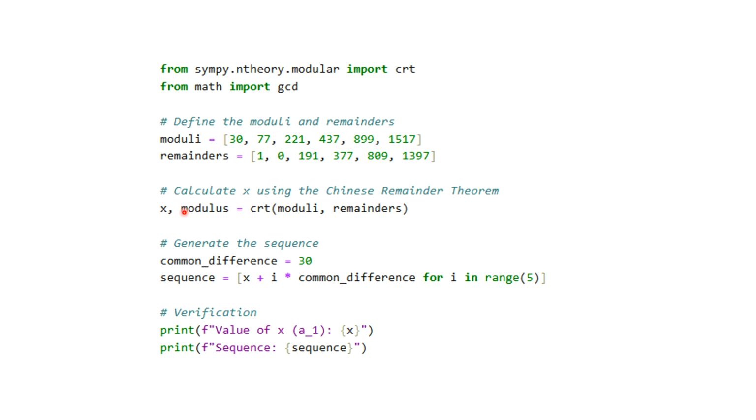You just call the Chinese remainder theorem, and you give it the moduli and the remainders. We also input the common difference here, and this gives us back X, which is our A1.